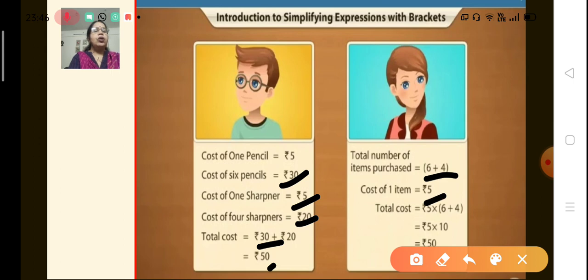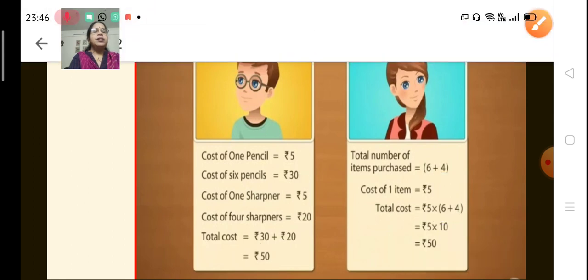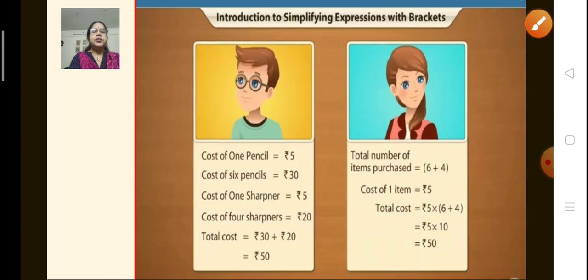So total cost is 5 multiplied by total number of items purchased, that is 5 multiplied by 10, 6 plus 4 is 10, and the answer is 5 tens are 50. So in both the cases we get the right answer, but the method of solving, simplifying is different.